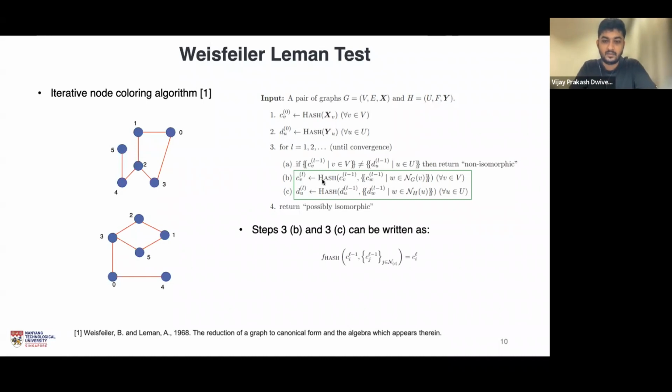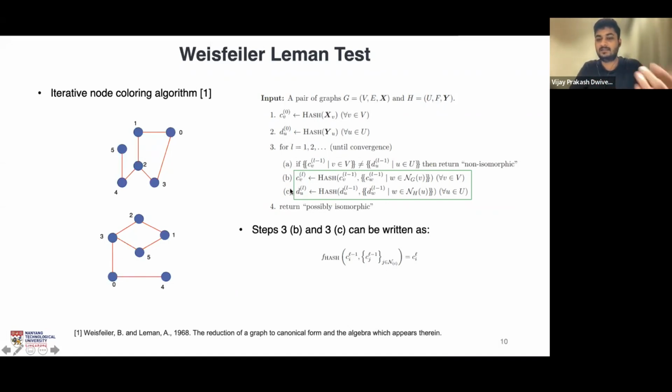But if we try to abstract steps 3b and 3c, they can be written as such. There's an injective hash function, which considers a particular node's color and its neighbors' colors, and passes them to the function to output a node color for node i for the next iteration. This is the main abstraction of steps 3b and 3c.